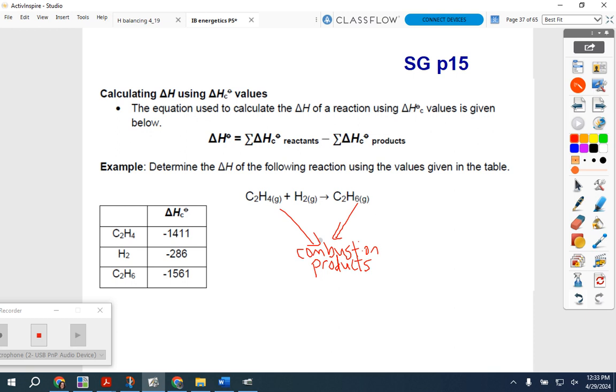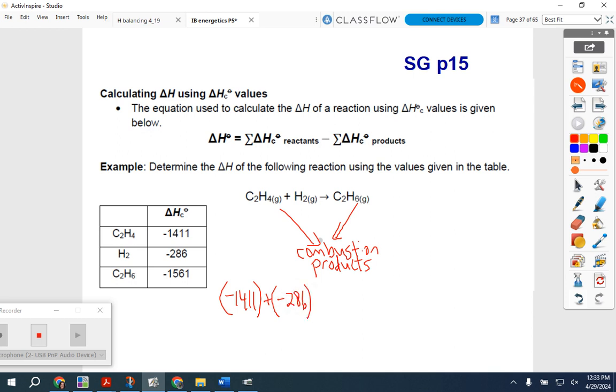So we're doing the sum of the reactants minus the sum of the products. Our ethene is negative 1411. And this doesn't have units, but you can assume it's kilojoules per mole. Plus our hydrogen, negative 286. Okay.